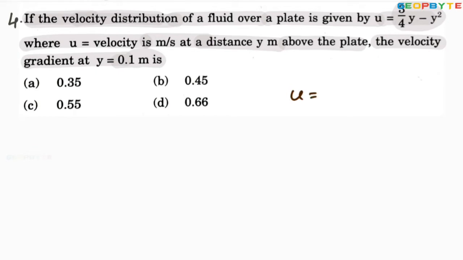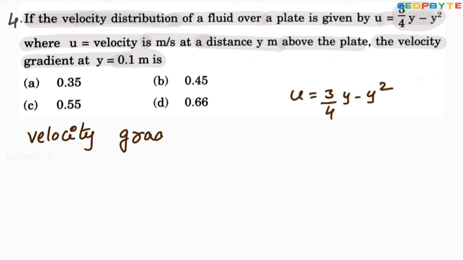U is given in terms of y, 3/4 into y minus y square. You are asked to find the velocity gradient at y equal to 0.1 meter.